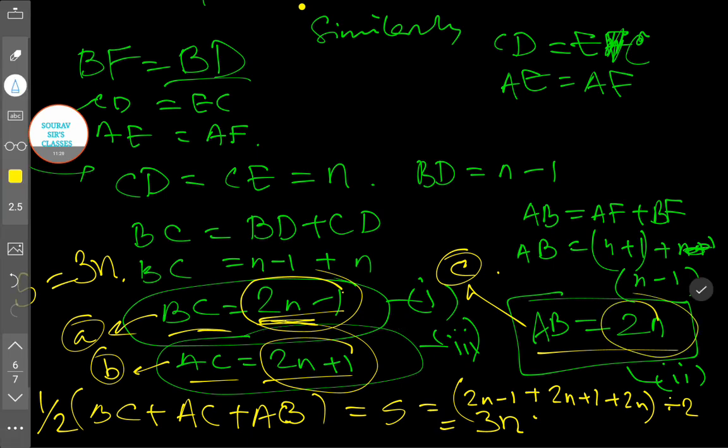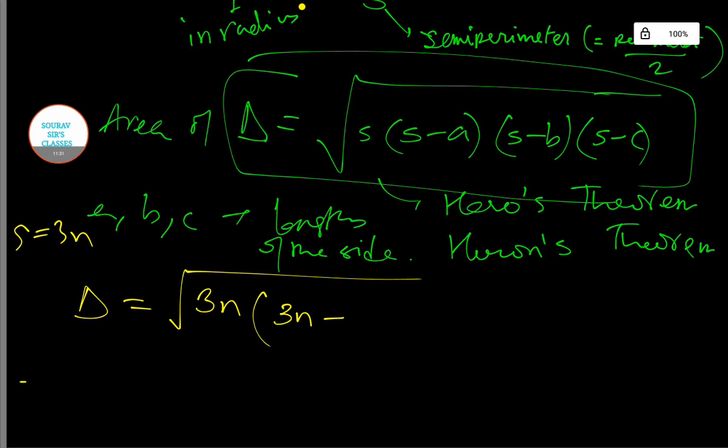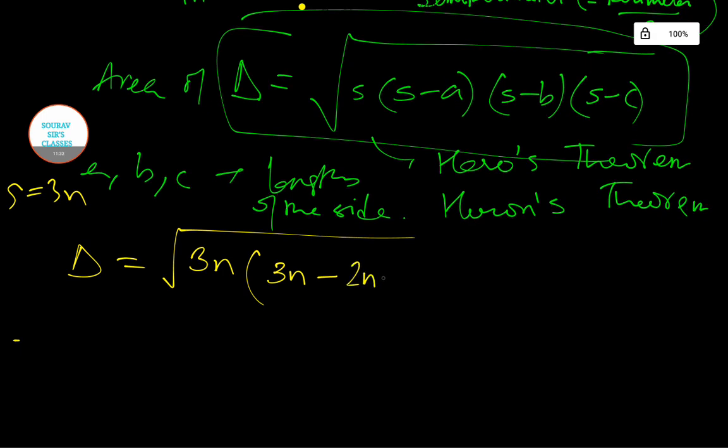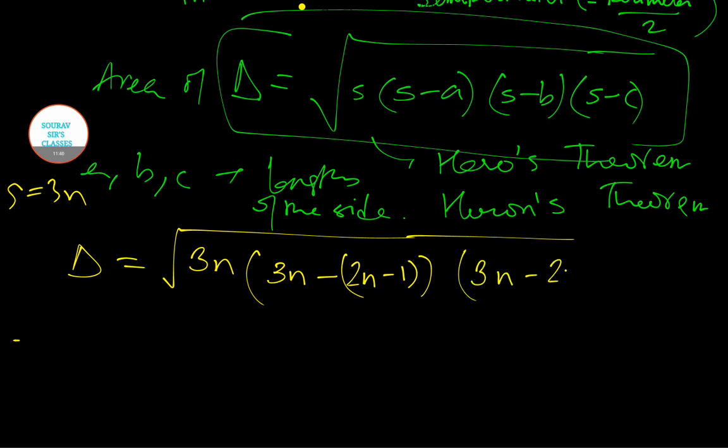So S minus A is 3n minus 2n plus 1, S minus B becomes 3n minus 2n minus 1, and S minus C becomes 3n minus 2n.